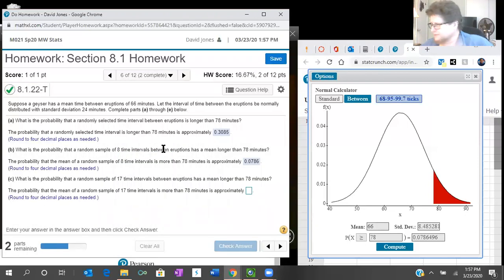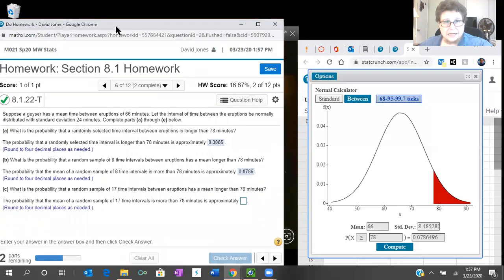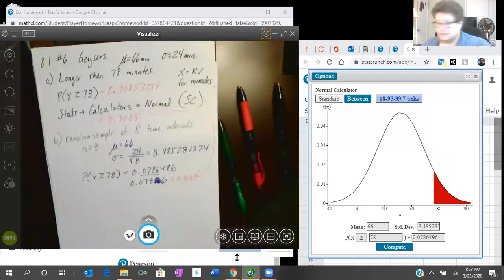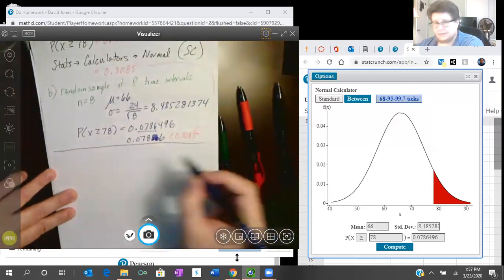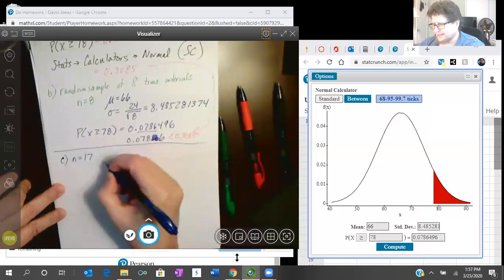See, all they do is they change n to equal 17. So C, n equals 17.